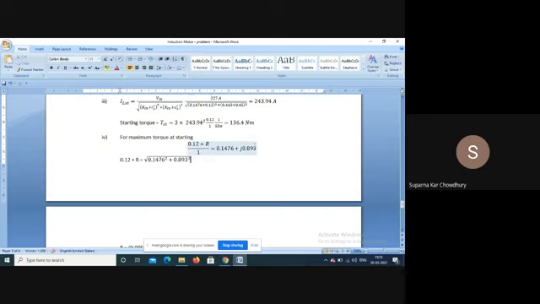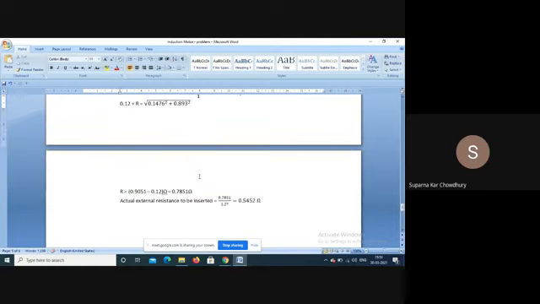We want the maximum torque at starting, so R2 by S should be equal to the total impedance. So we can put the values, and from this equation get the value of R.